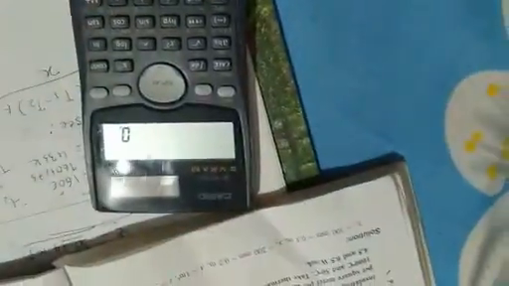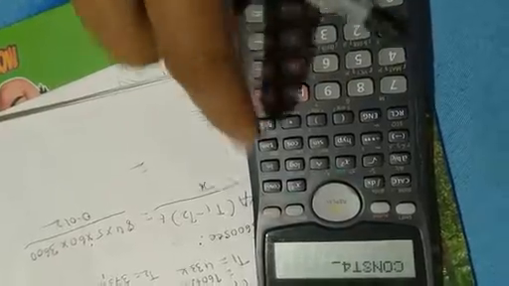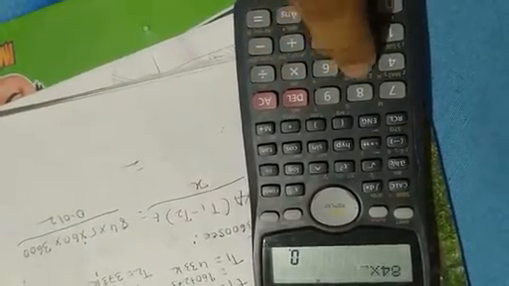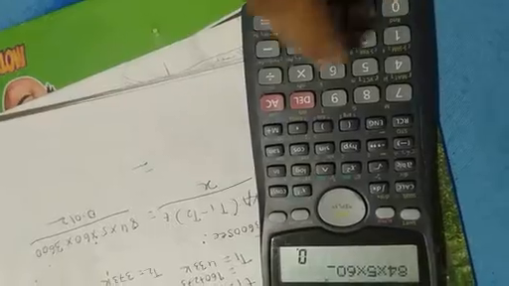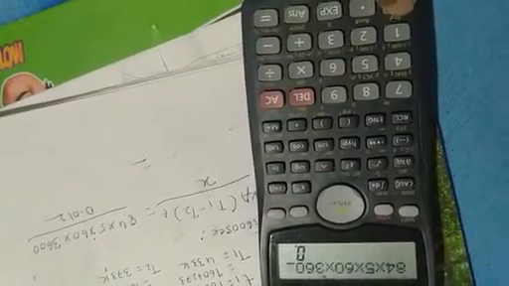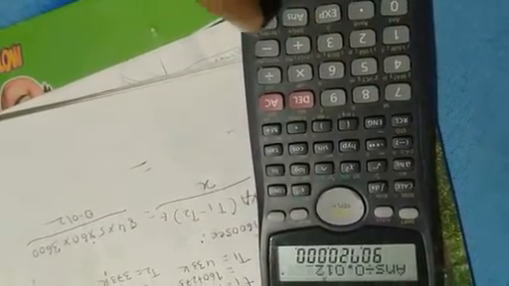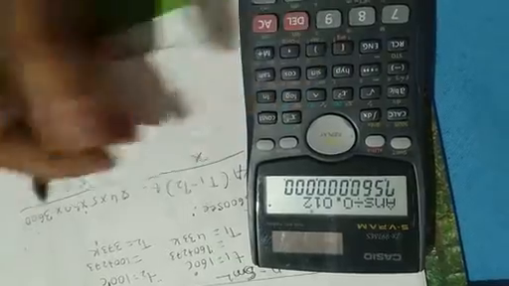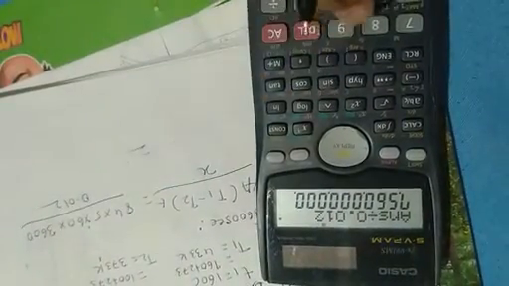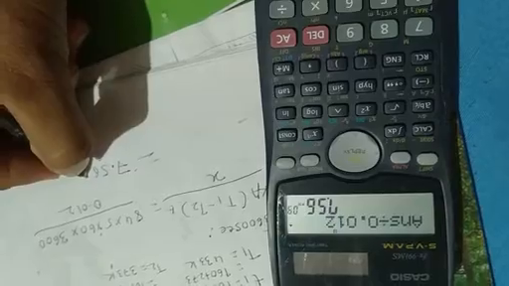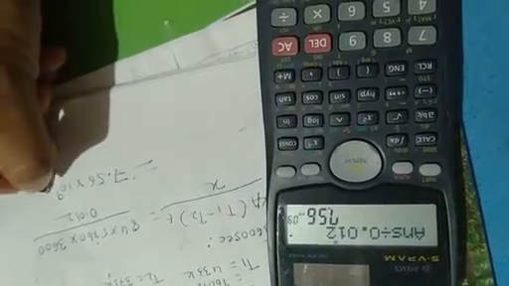Solve this one. 84 into 5 into 60 into 3600 divided by 0.012 gives 7.56 into 10 raised to 9 joules.